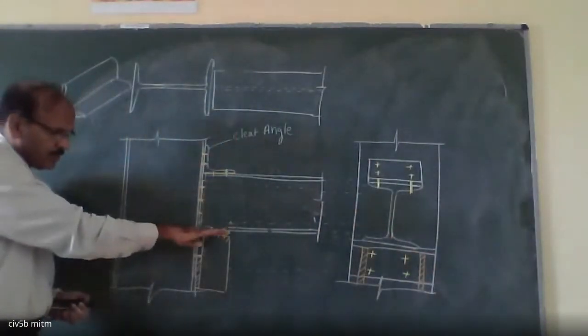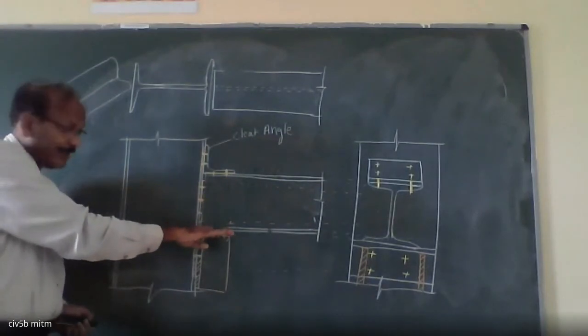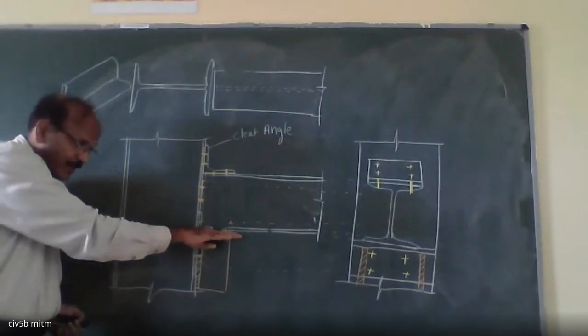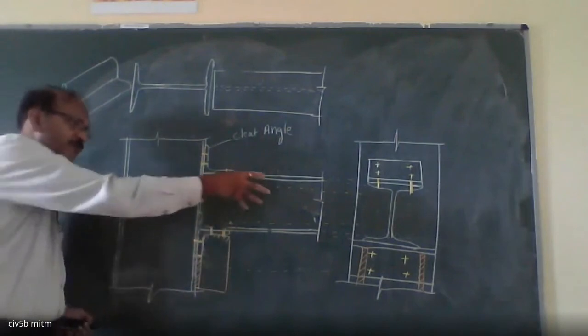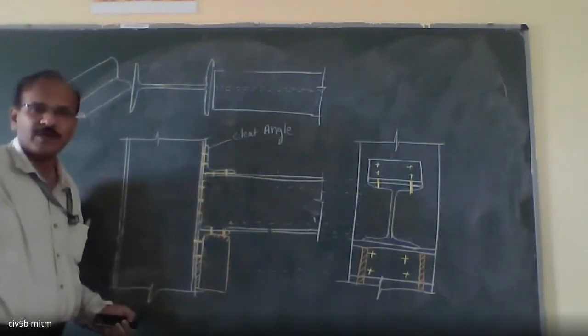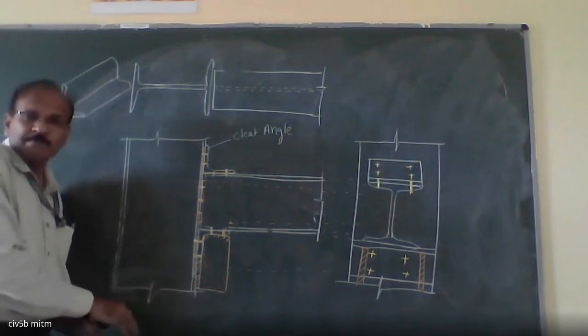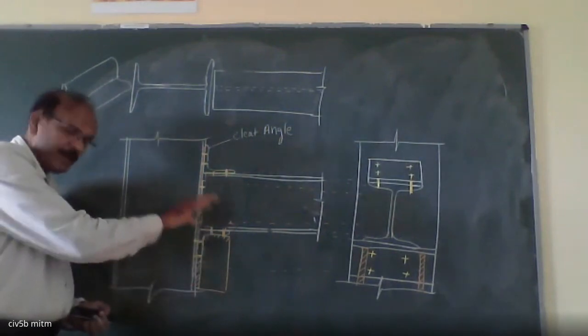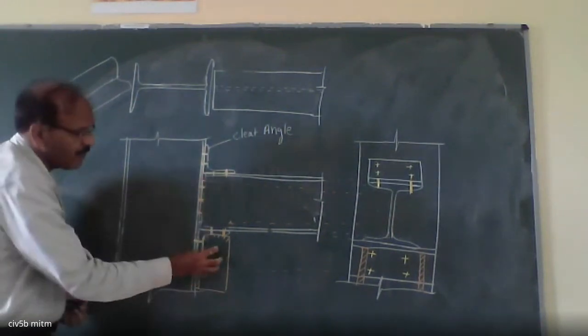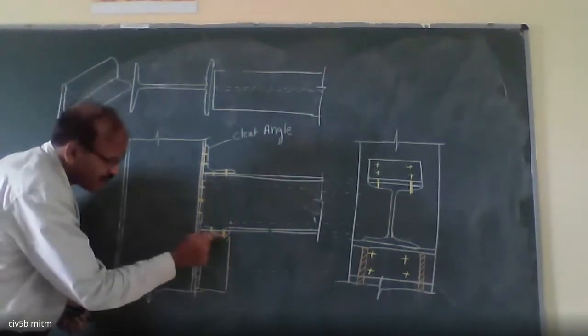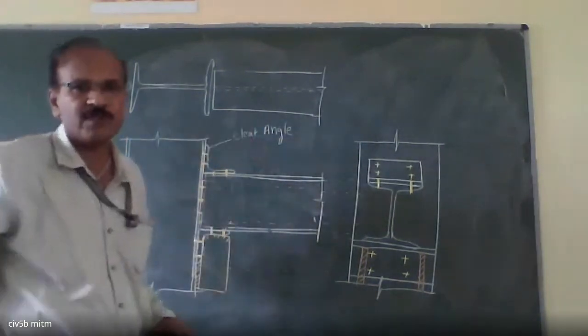Even though one of the legs of the angle tries to bend forward due to the weight coming on the beam, then these stiffener plates are going to take a part of the load, and these stiffener plates are going to prevent this angle from bending downwards.